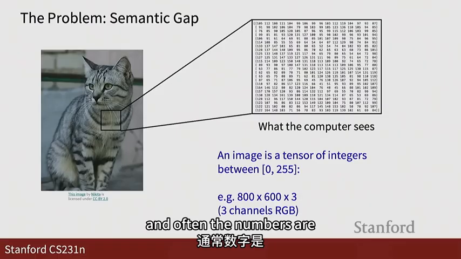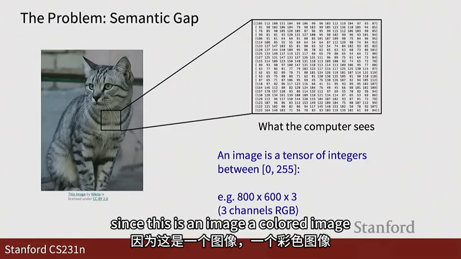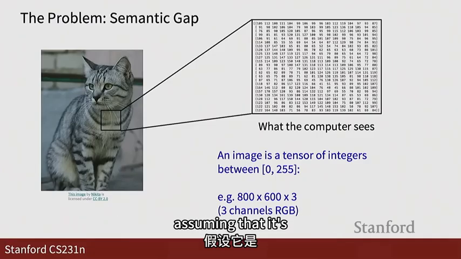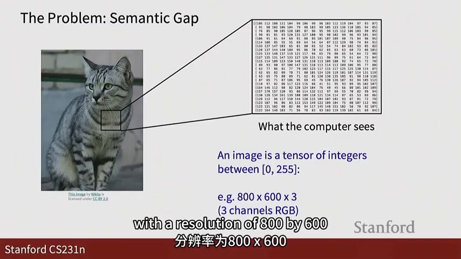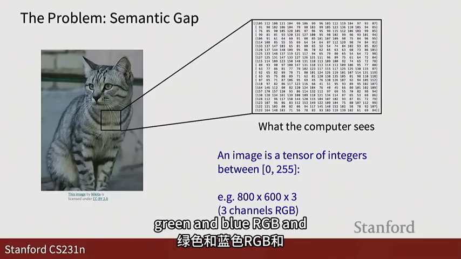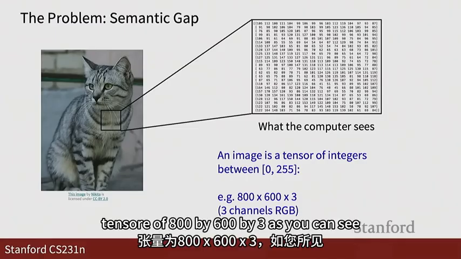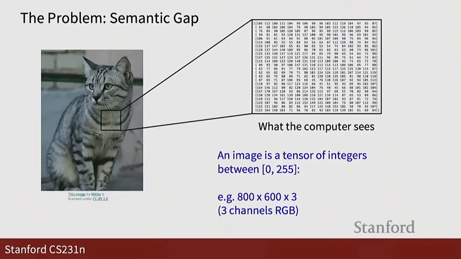Often each of the pixel values is between 0 and 255, which is an 8-bit data structure. And since this is a colored image, assuming a resolution of 800 by 600, since it's an RGB image, it has three channels of red, green, and blue, and therefore it's a tensor of 800 by 600 by 3, as you can see on the slide.